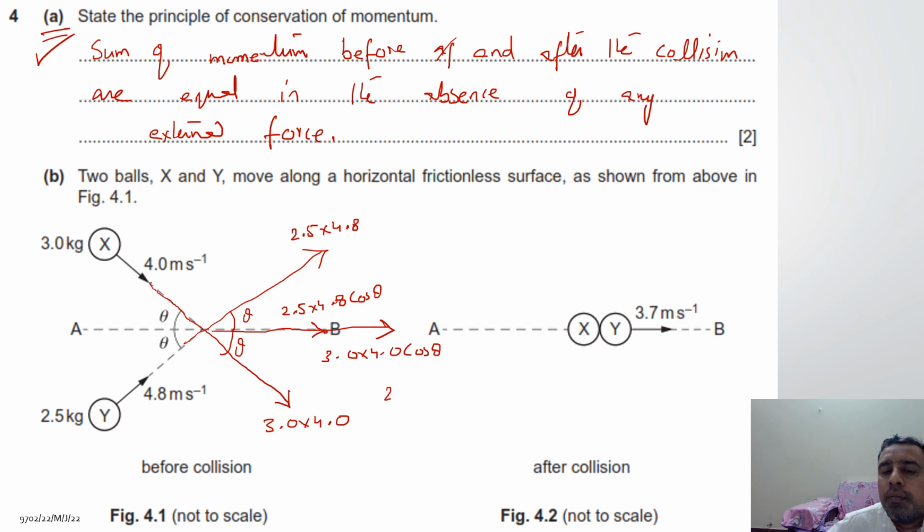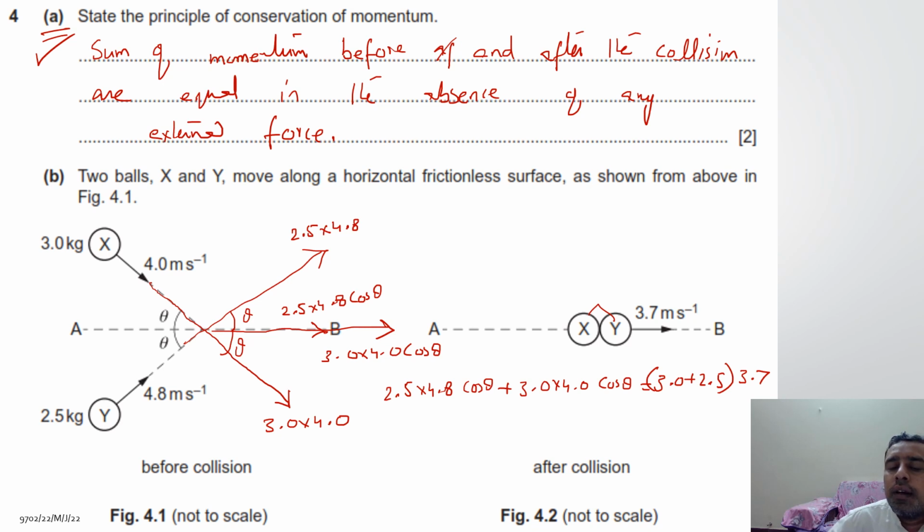It is 2.5 into 4.8 cos of theta plus 3 into 4 cos of theta is equal to, these two masses are added here, 3 plus 2.5, and multiply with the velocity, that is 3.7.